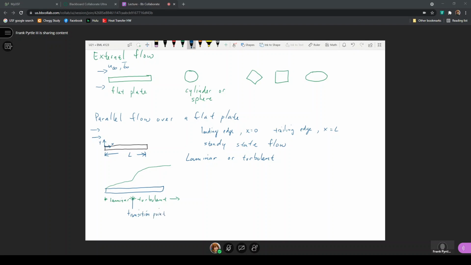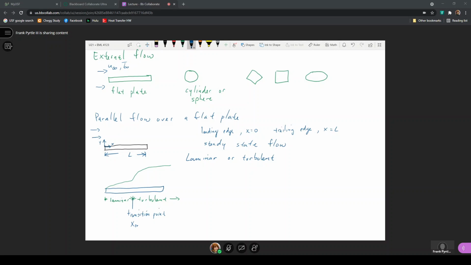And that transition point would be labeled X sub CR. That's just what we call a critical position, in that it is the position at which a transition from laminar to turbulent will be considered to occur, rather than there being a transition region here.